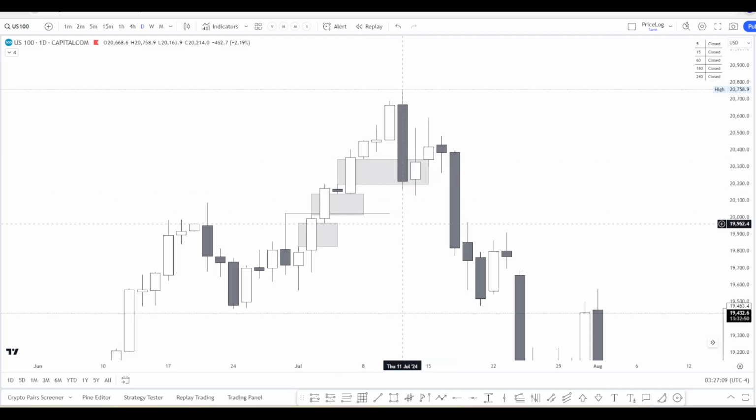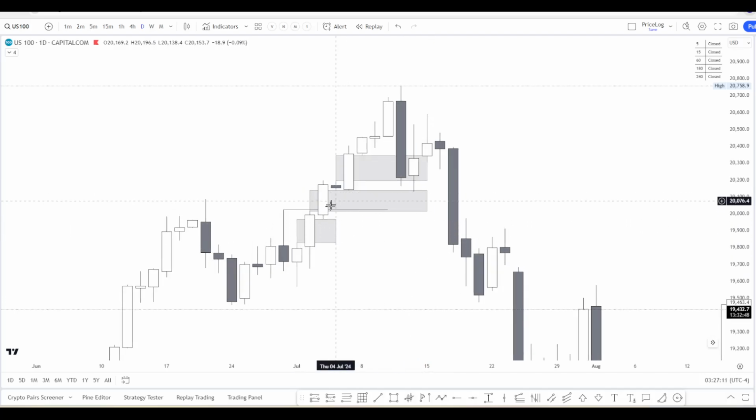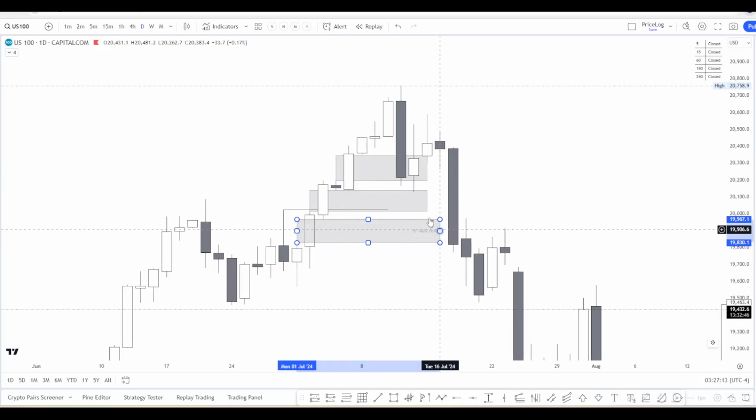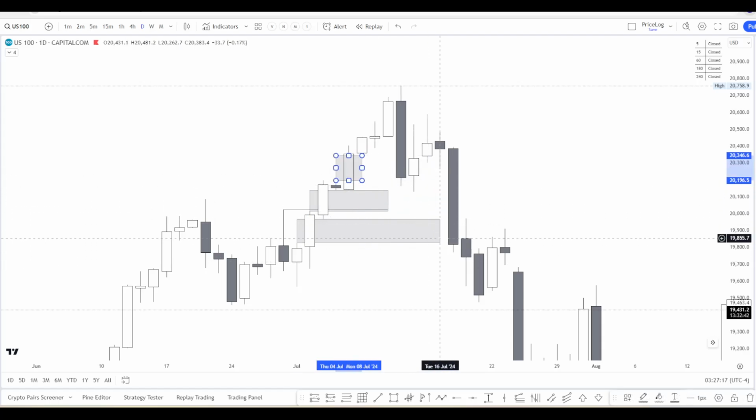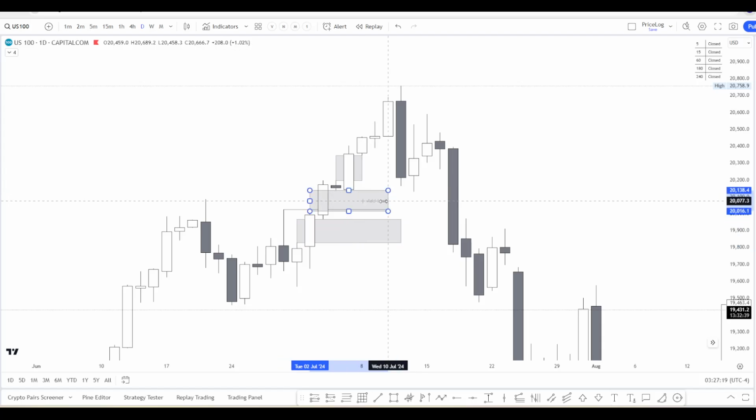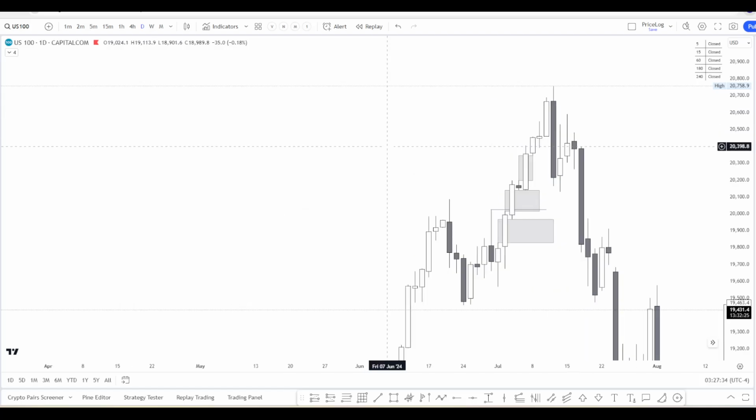We can either look for entries on the previous fair value gaps, but since price has not really shown any displacement, any power in actually showing that price wants to move further up, quite the opposite, then we will be careful and we will have to wait.